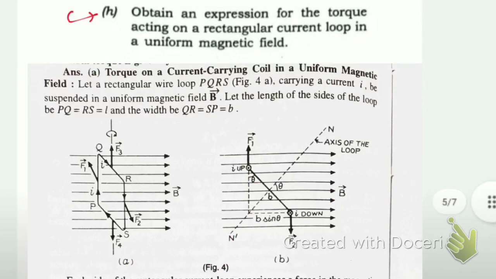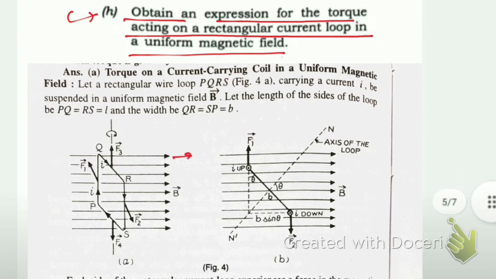This is the next question. Obtain an expression for torque acting on a rectangular current loop in a uniform magnetic field. So this is the uniform magnetic field B and this is the coil I have taken here. When you keep a current carrying coil, with current I, in a magnetic field, you see this dot symbol represents forces upward and this cross symbol represents forces downward, right?